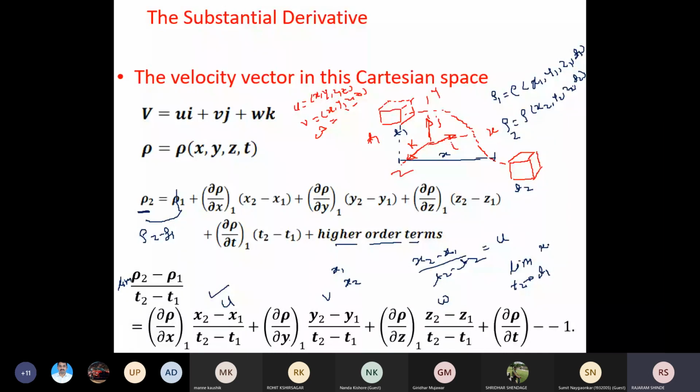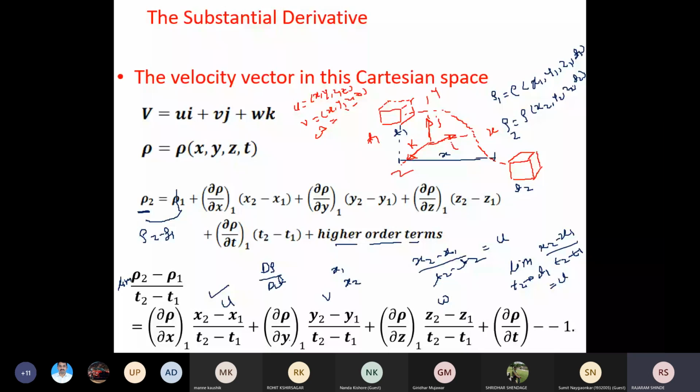And in the case of this one, you will get d rho by dt, which gives capital D rho by Dt, and it is known as the substantial derivative.